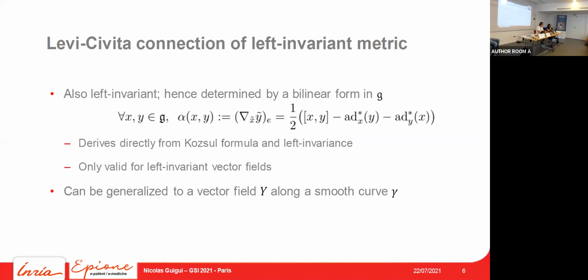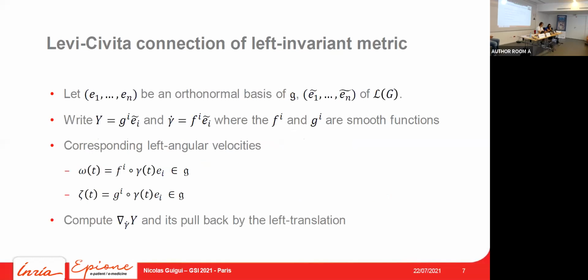However, this expression is only valid for left invariant vector fields. And in order to compute the parallel transport, we generalize this formula to a vector field y that is defined along a curve gamma. To do so, we need a basis of the Lie algebra that is extended to a left invariant basis of vector fields, which is also a basis of the module of vector fields, meaning that we can decompose y and gamma dot, the velocity of the curve, in this basis, but with functional coefficients.